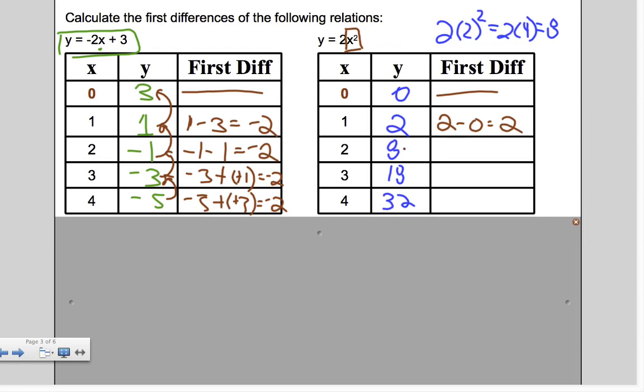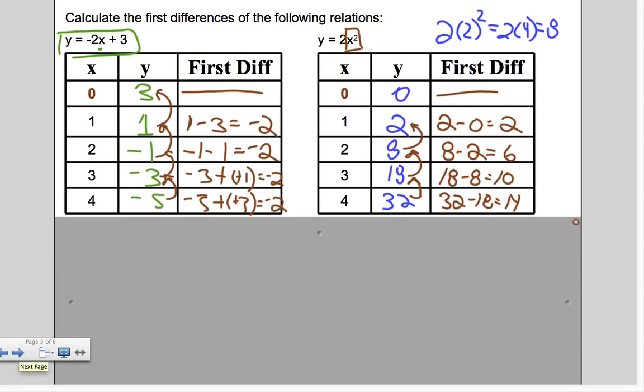What's the first difference there? 8 minus 2 is 6. The first difference here, 18 minus 8 is 10. And the first difference here, we've got 32 minus 18, 14.